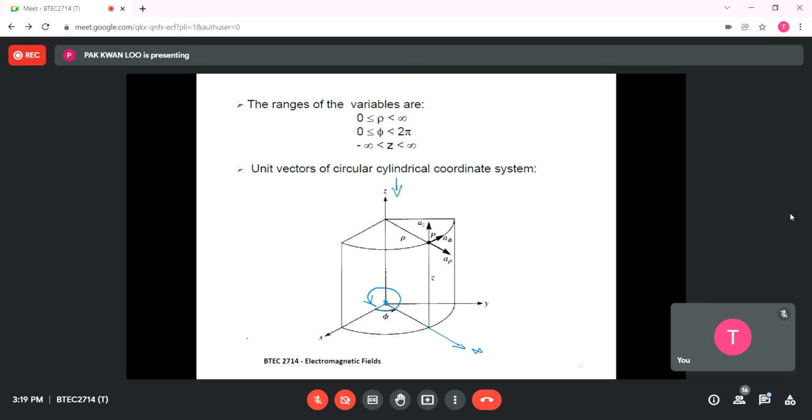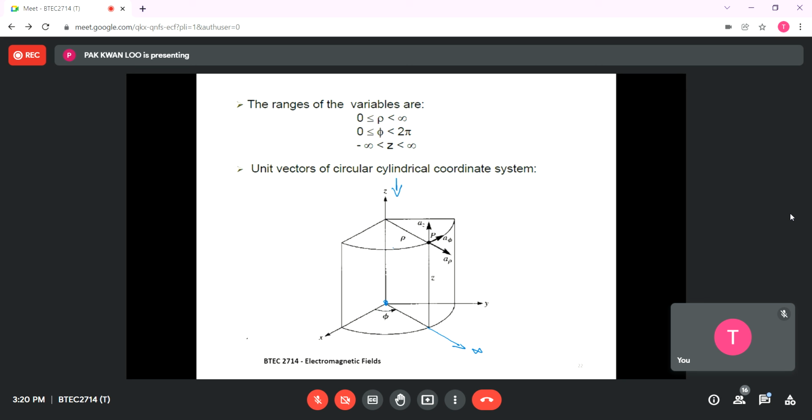So it is 0 to 2 pi, that means 0 to 360 degrees, if you look from the top. And again, the z value, which is part of the cylindrical coordinate system, can range from negative infinity to positive infinity.